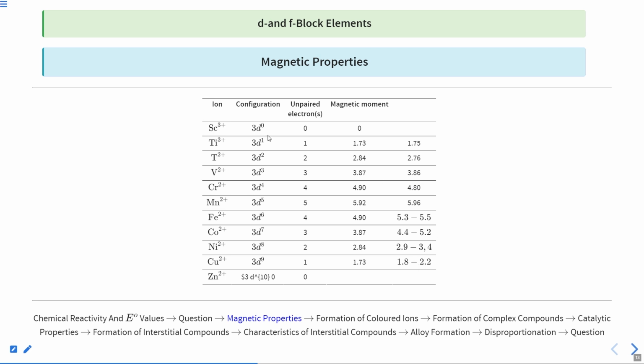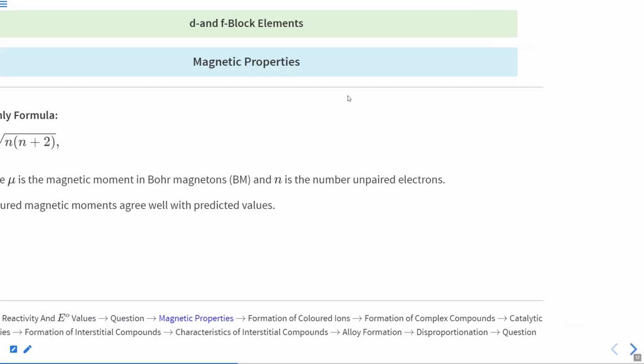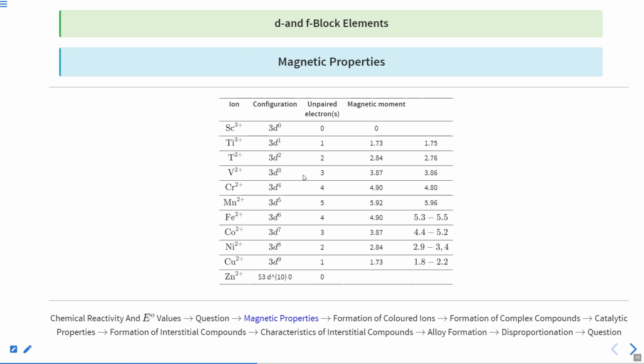You can see very clearly that this is in very good agreement with the experimental value. There is an error of 0.02 here, which is very negligible. Similarly for this also, for this also, for this also. They all have a very negligible deviation from the experimental value, and this is directly calculated from this formula, which is root under n into n plus 2.